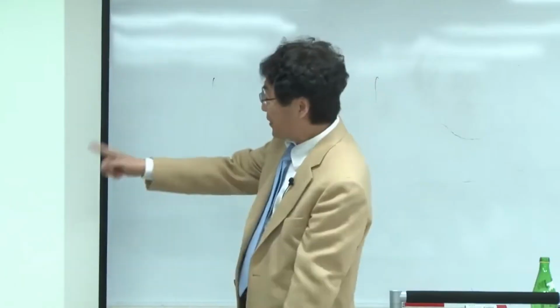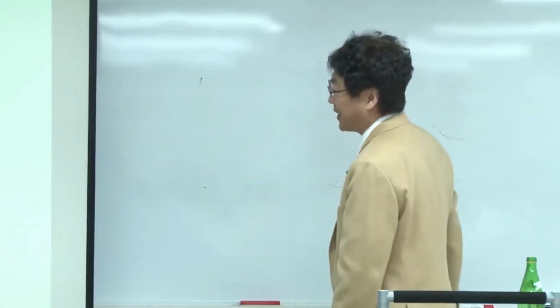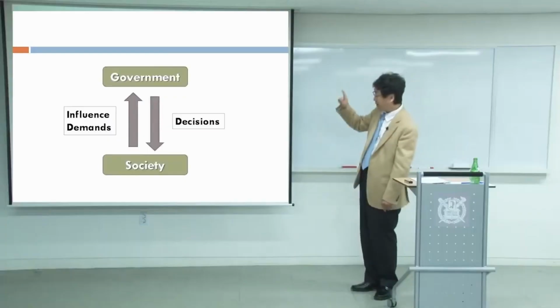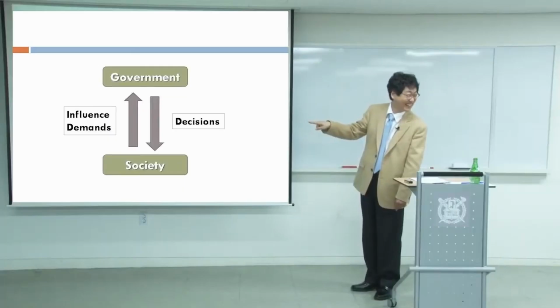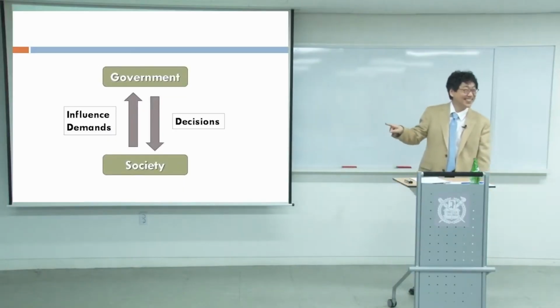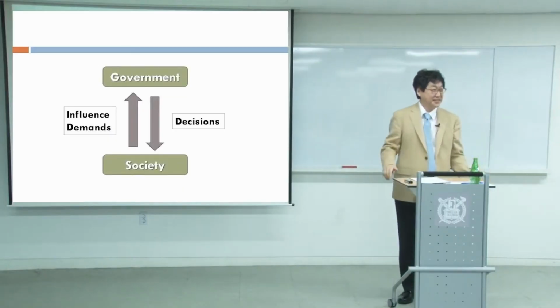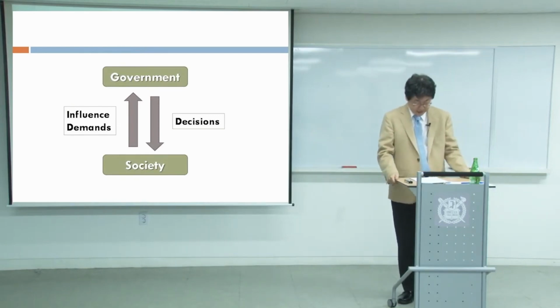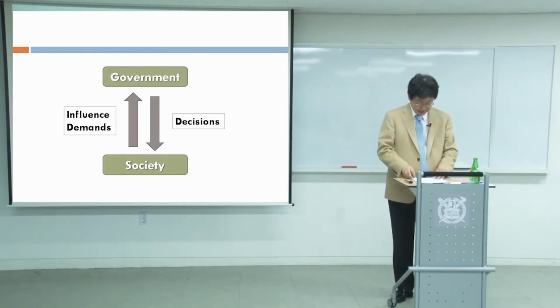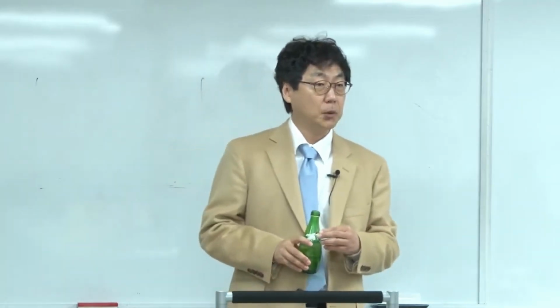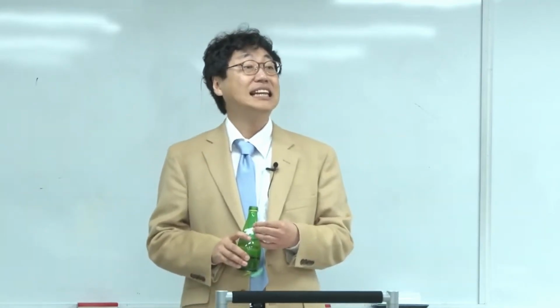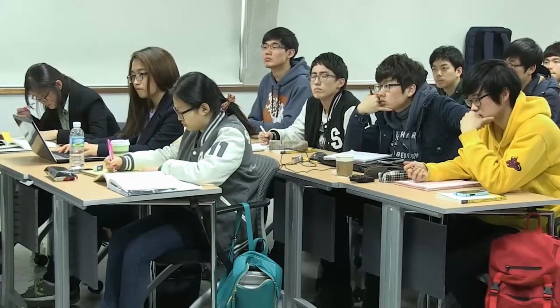Okay? So the upward arrow represents influence and demands, and the downward arrow represents government decisions. Government decisions are policies. So that's what we are discussing today. So people demand what they want, and government delivers what they decide.